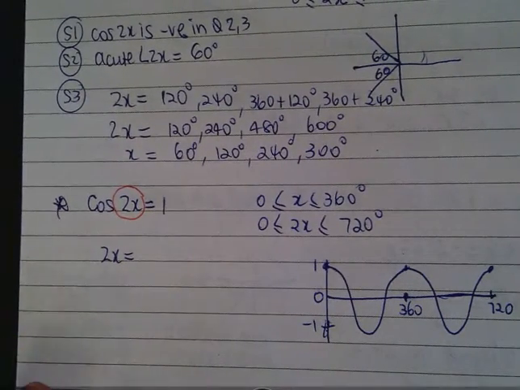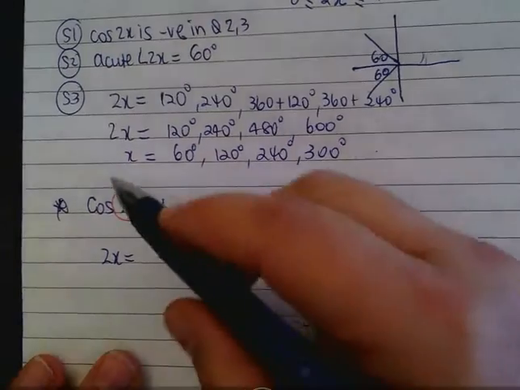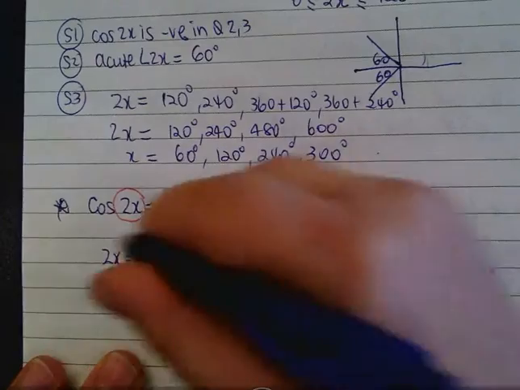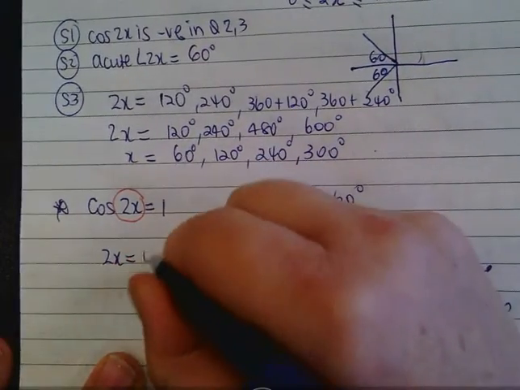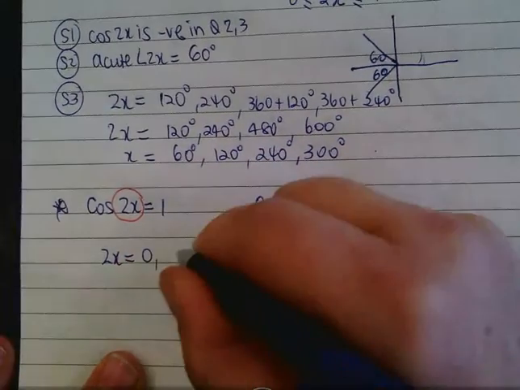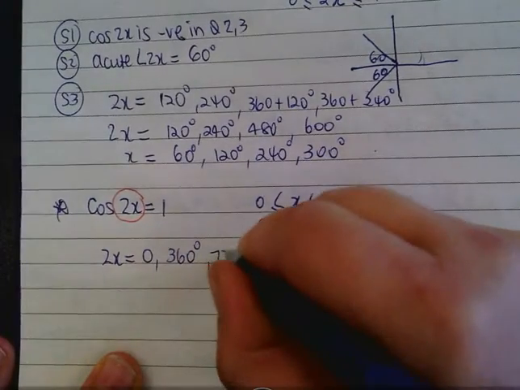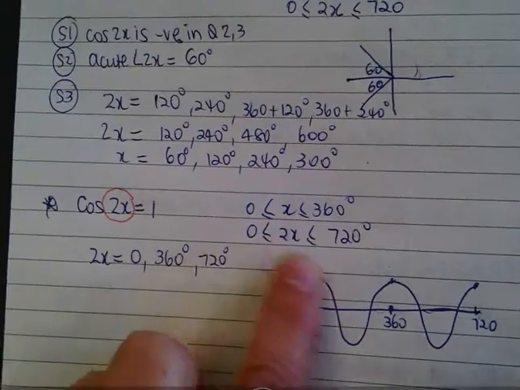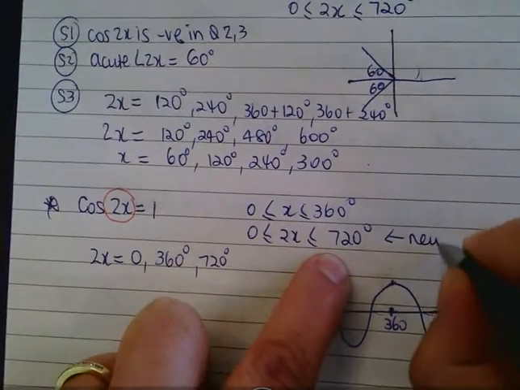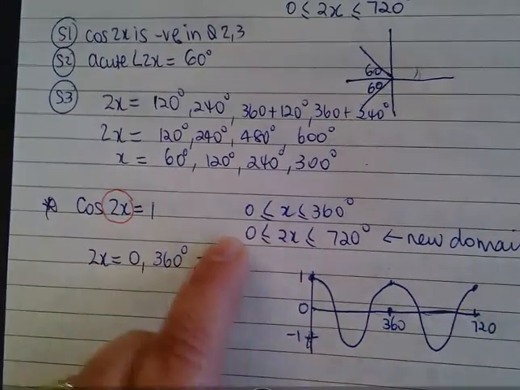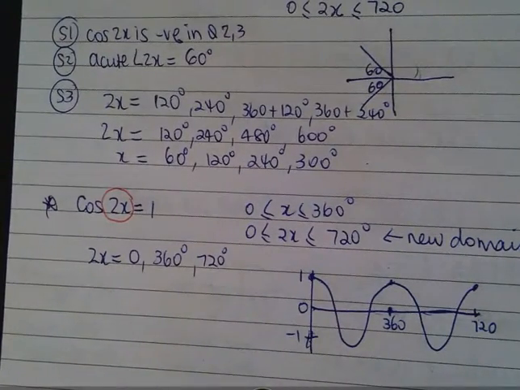So you just draw a normal cos curve, but you keep this 2x together and you say, well, with a cos curve, cos of 0 could give you 1, cos of 360 would give you 1, and cos of 720 would give you 1, because when you're in 2x, your new domain is 2 revolutions from 0 to 720.